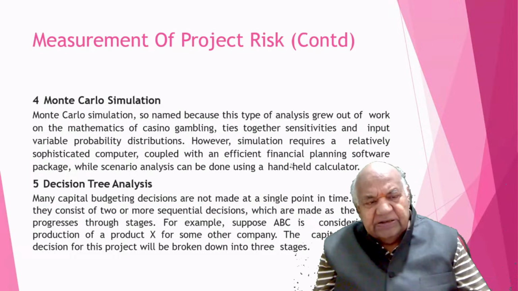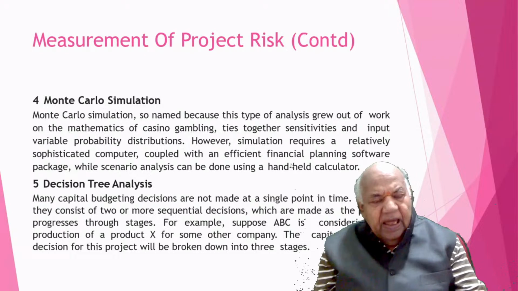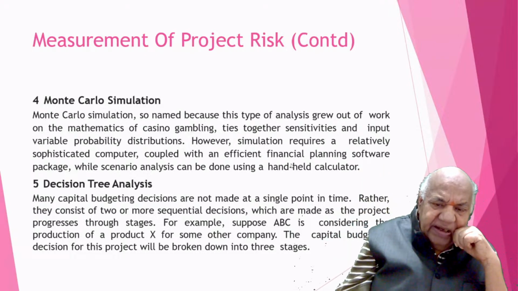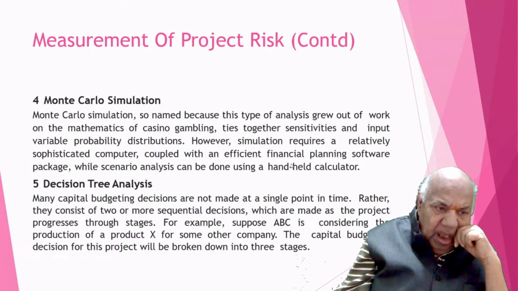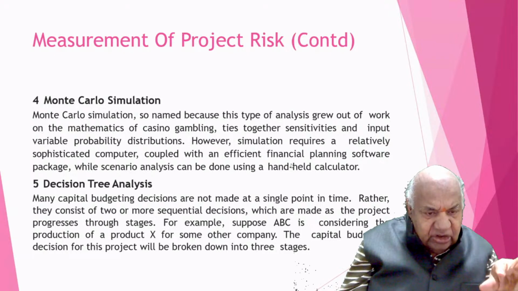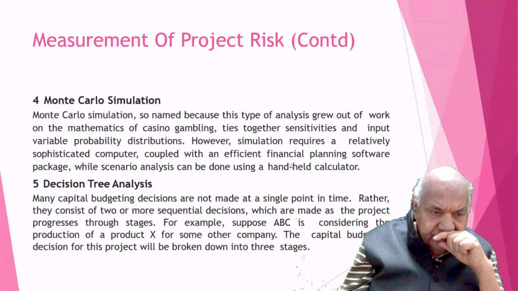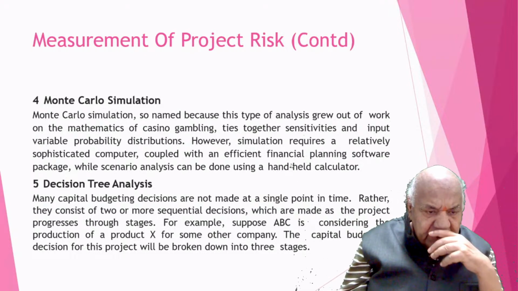The fifth one is decision tree analysis. Many capital budgeting decisions are not made at a single point in time. Rather, they consist of two or more sequential decisions which are made as the project progresses through stages.